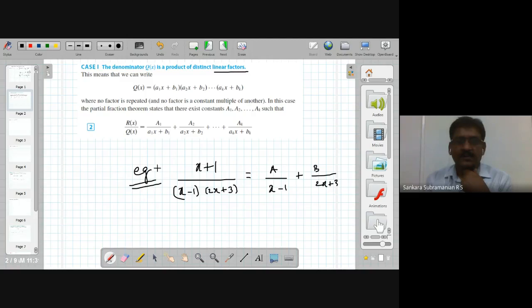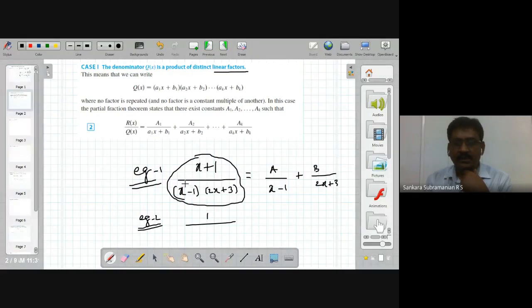Another example, example 2. Suppose you have 1 by, but it should be a proper fraction. The degree on top is 1, and the degree below is not 1. On multiplying, you get 2x square, so 2. So this is valid. There is another case like this: x plus 1 into x minus 3 into x minus 4. What should we do with this?